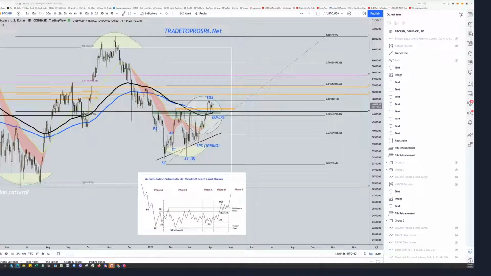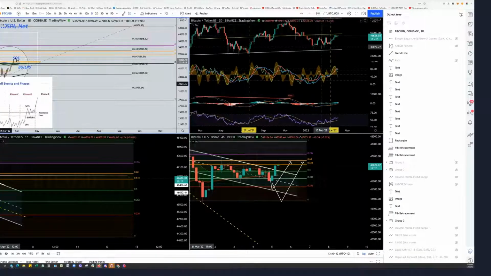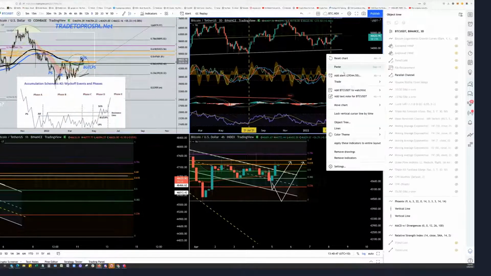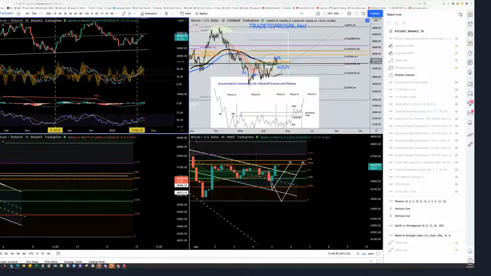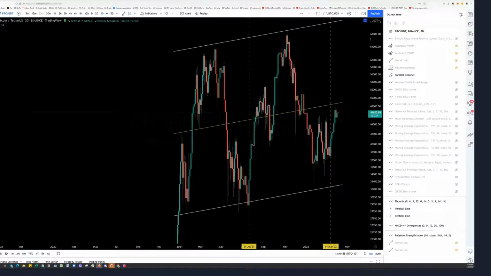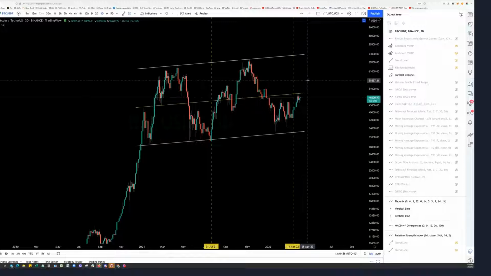So if I was to look at now the other charts, these are different perspectives. What I'm going to do is flip this one back and put that as the focus. Different perspectives. Yes. So we have this. Now from a channel perspective, you can also see perfectly.